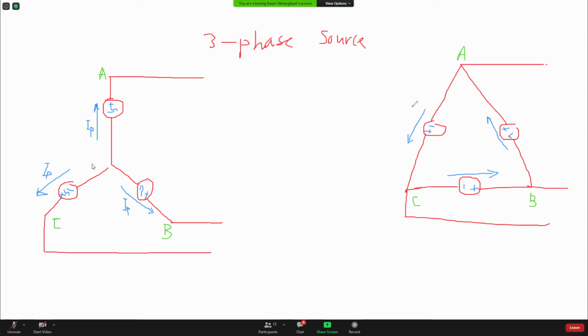The same here, this is the phase. Then there is the phase voltage, V phase. There's another one here, V phase. Then there is a third one here, V phase.